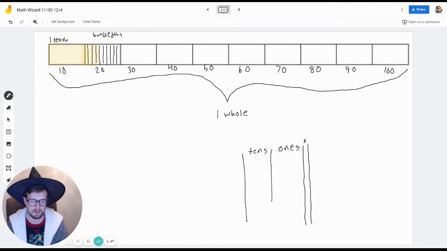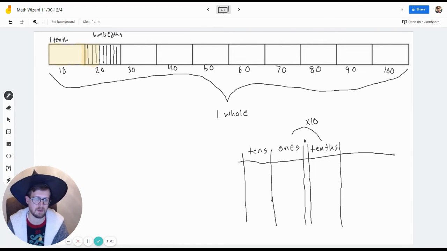And we've talked for a couple of days about tenths, and they're named that because it takes 10 of them to make one whole. Now we've moved into this next piece, the hundredths.